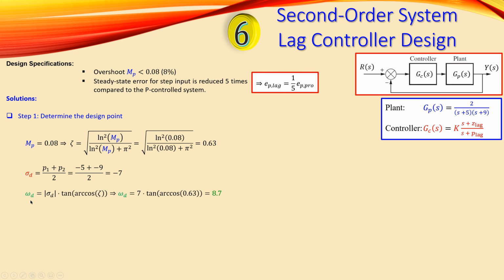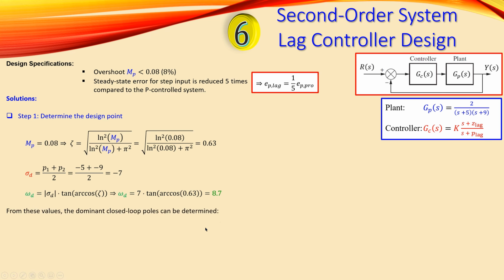Now from there I can use the geometry again, and I can say the omega d, which is the imaginary part of our design point, must be the absolute value of sigma d times the tangent of arc cosine of zeta. So I will take first arc cosine of zeta, which is just an angle, and the tangent of that angle times the 7 here will be 8.7 for our imaginary part.